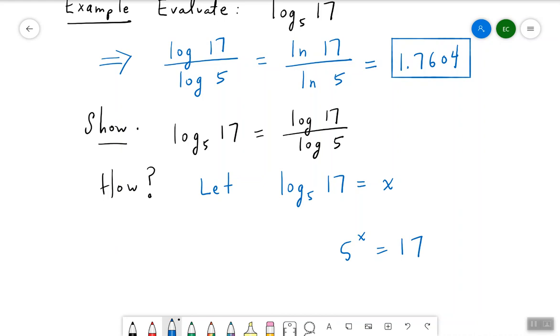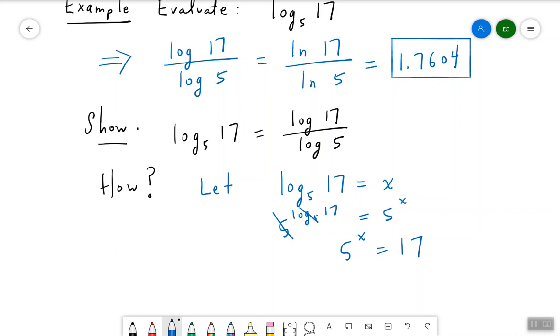Or we could even show an extra step to justify that. We could write 5 raised to the log base 5 of 17 equals 5 to the x. And you've seen this before. The 5 and the log base 5 cancel, and you're just left with 17 on one side and 5 to the x on the other side.